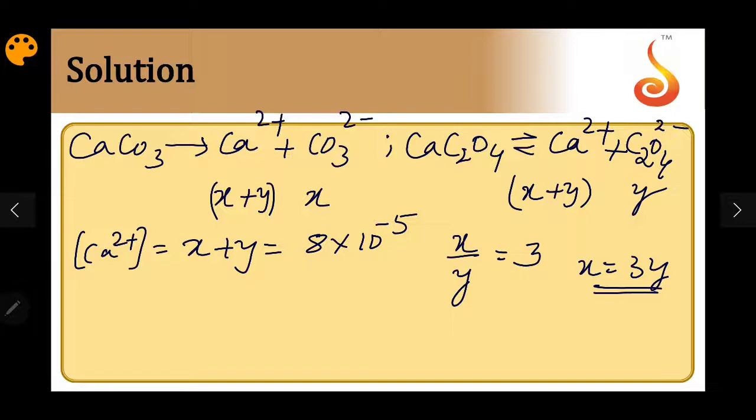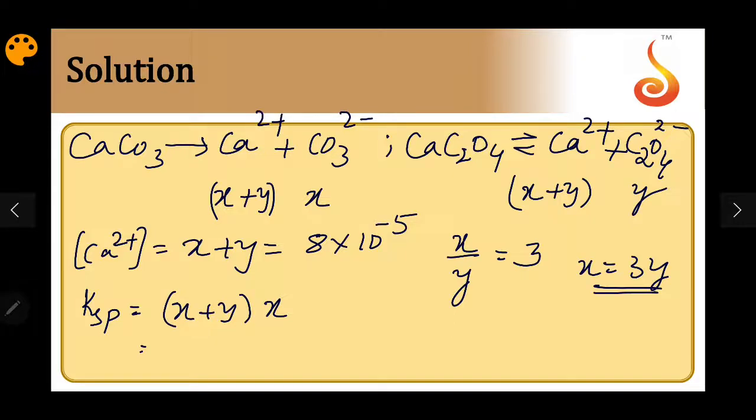Substitute this in one of the Ksp values, calcium carbonate. So Ksp of calcium carbonate is equal to (X+Y) × X. First we have to get either X or Y from one of the equations. We know that X plus Y is equal to 8 × 10^-5 and X by Y is equal to 3.